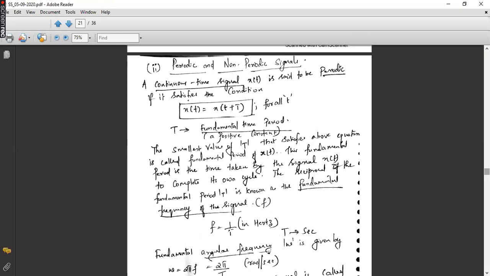Any signal x(t) is said to be periodic if it satisfies the following condition: x(t) = x(t + T), where T is capital T. If this condition is satisfied, that signal can be called a periodic signal.